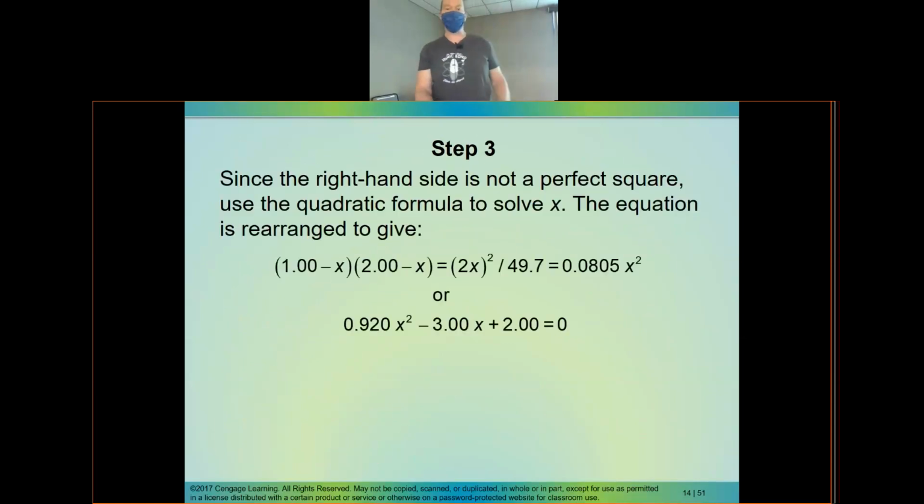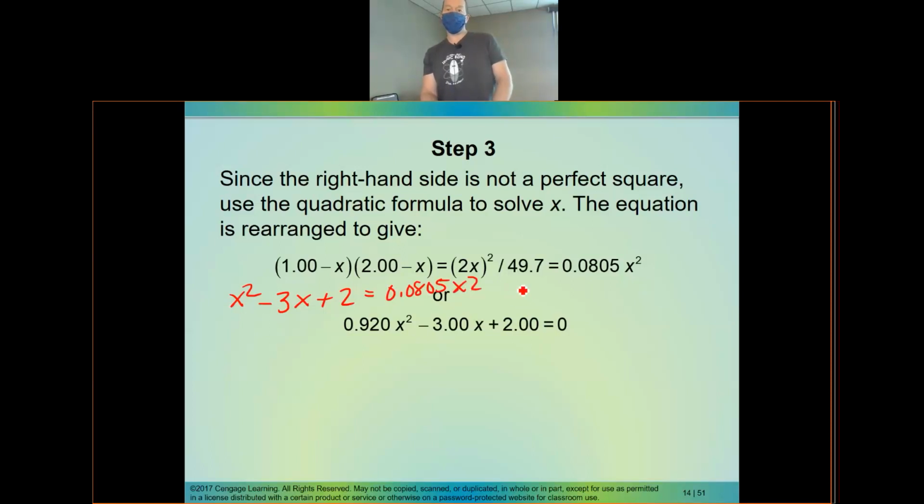Then came this part where I was like, what in the heck? Here again, they're going to FOIL this out and get the x squared minus 3x plus 2. Not sure why they didn't show what they got when they FOILed it. And then you take your 4x squared and divide both sides by the 49.7, as I showed before, that gives you your 0.0805 x squared.